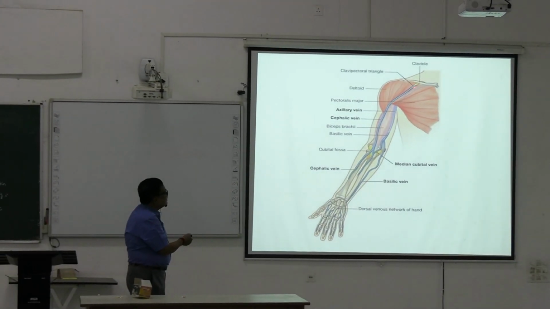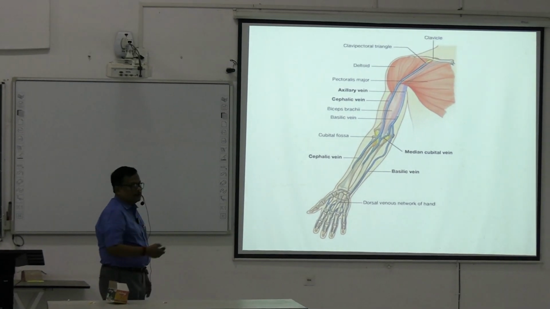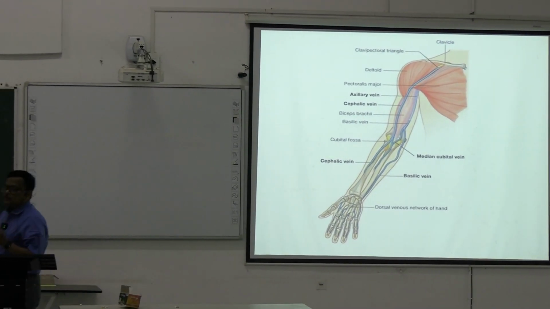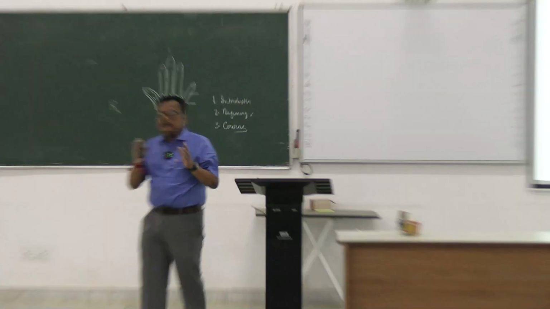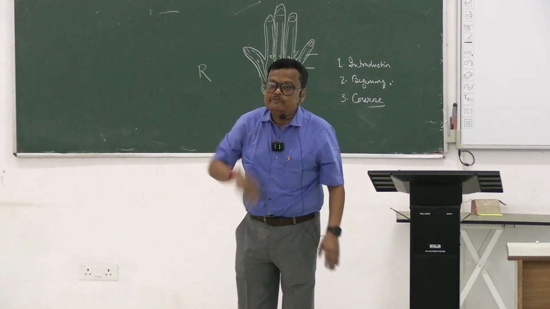Then here it pierces the deep fascia. Now the important thing: ultimately the superficial vein must drain into a deeper vein.